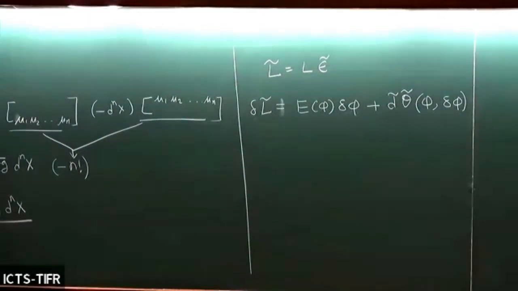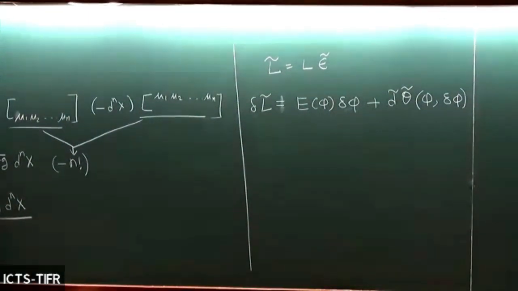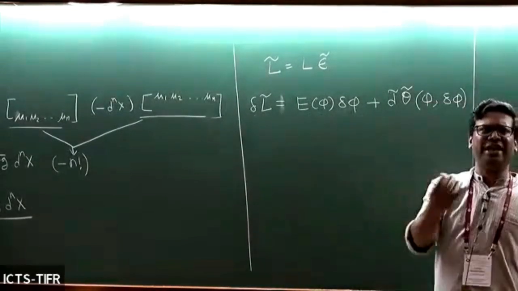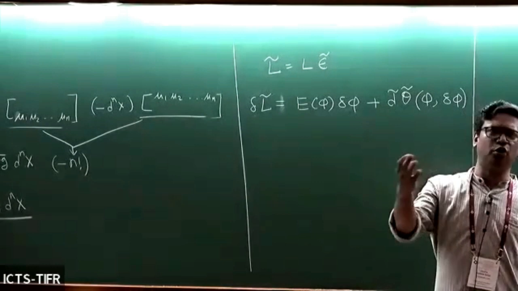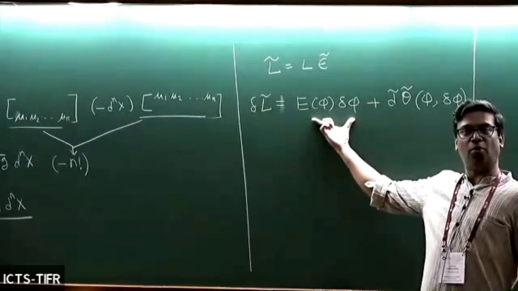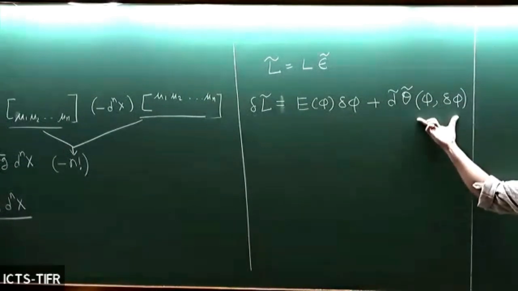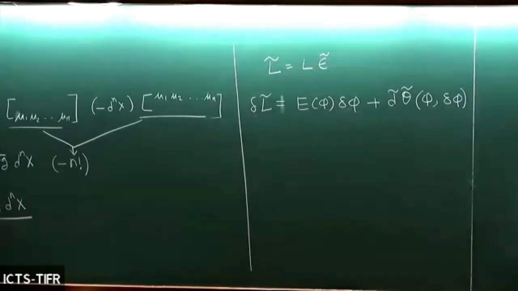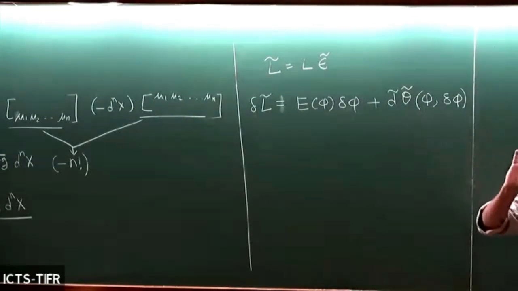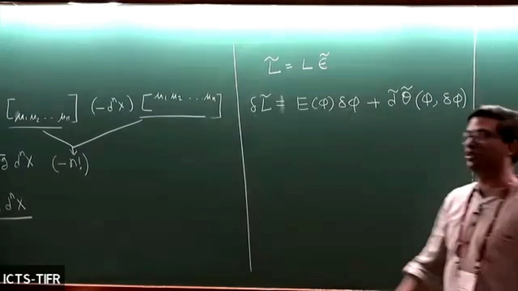Everybody? Okay. So if I vary the Lagrangian, this is the equation of motion. You take any ordinary Lagrangian, half m q dot squared. If you vary it, you get the equation of motion, q double dot delta q, plus a surface term, and that surface term I've written in this notation. I want to show that this is exactly a surface term; we will see that it can be written as a divergence.